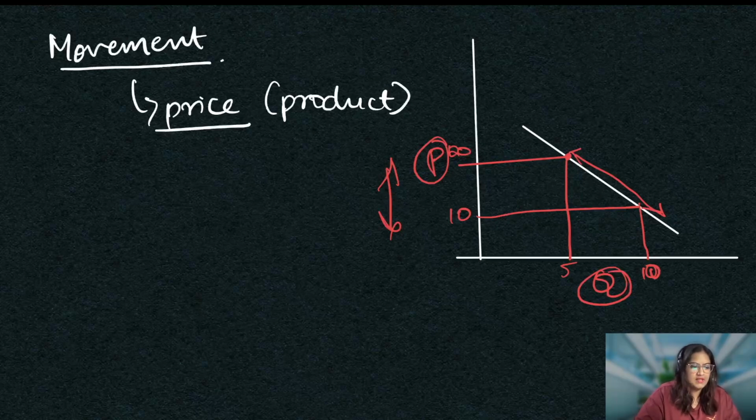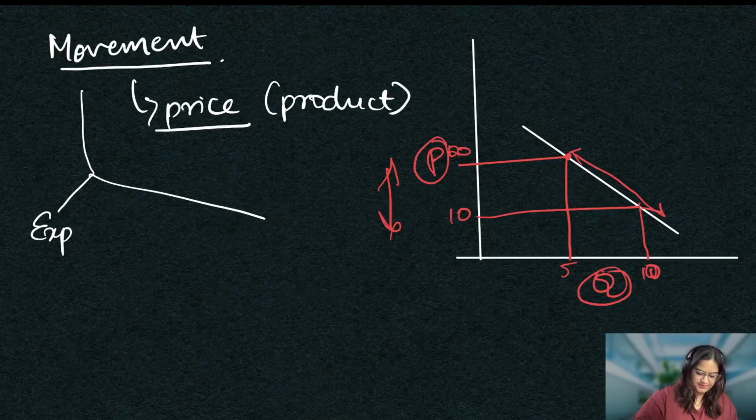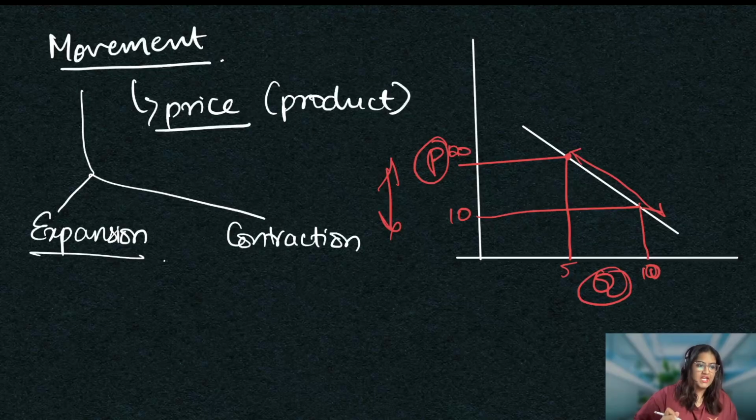Now, movement can happen in two ways. There are two types of movement. One is expansion or extension of demand, and the next one is contraction of demand. Expansion of demand happens when the price falls.